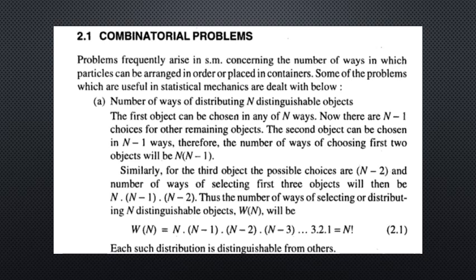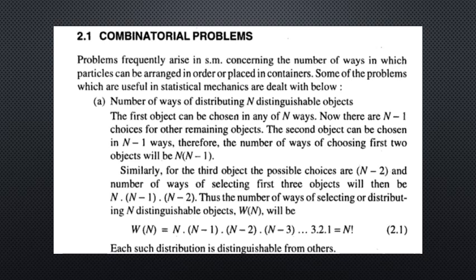Therefore, the number of ways of choosing the first two objects will be 8 into 7. Similarly, for the third object, the possible choices are 8 minus 2, which means 6. And the number of ways of selecting the first three objects will then be 8 into 7 into 6.